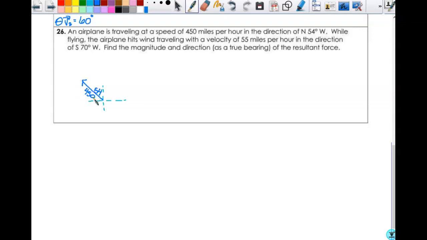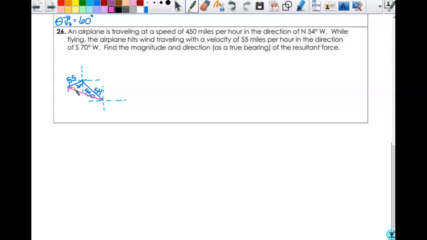And while flying, the airplane hits wind, traveling at a velocity of 55 miles per hour. So I'm going to have to add that vector to this one. And that is at south 70 degrees west. So like this. So this is 70 degrees right there. And this is 55 miles per hour. When I add those two together, the vector looks like this.